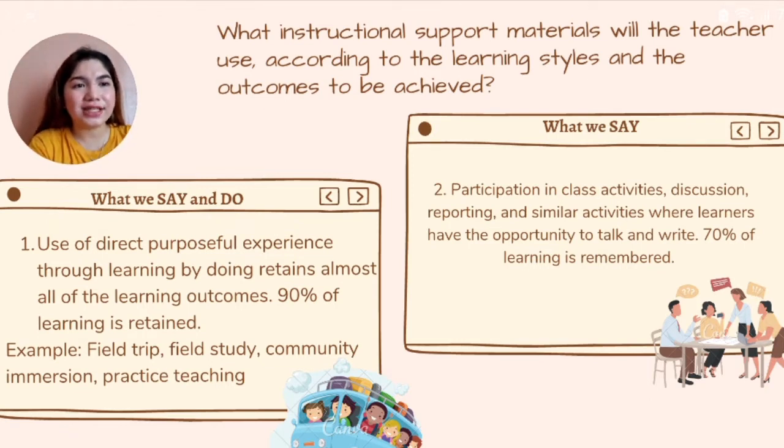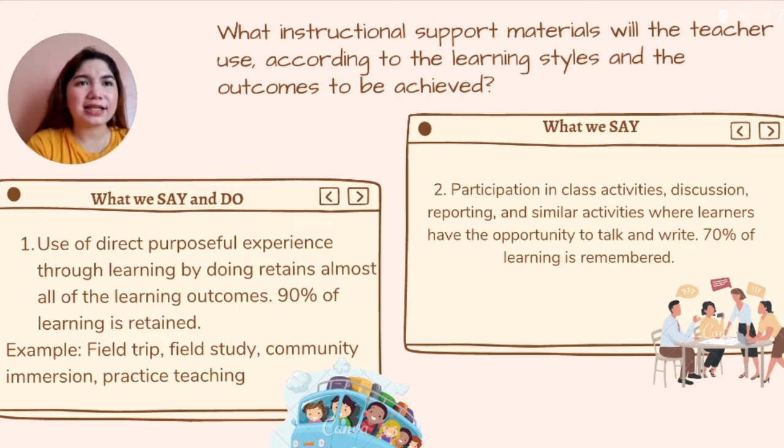Now second is what we say. In participation in class activities, discussion, reporting, and similar activities where learners have the opportunity to talk and write, 70% of the learning is remembered. This interaction gives us a brief experience where we can communicate with our peers and share our ideas.